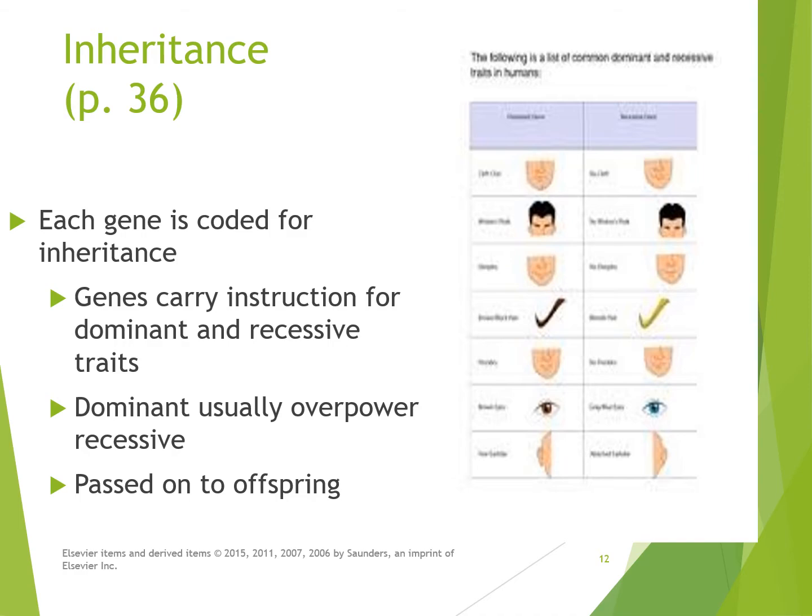Because that is a genetic trait, okay? So dominant usually overpowers recessive, and it's passed on to the offspring. So you can just take a look. I think that's in our book also somewhere maybe. Anyways, it just talks about dominant and recessive.